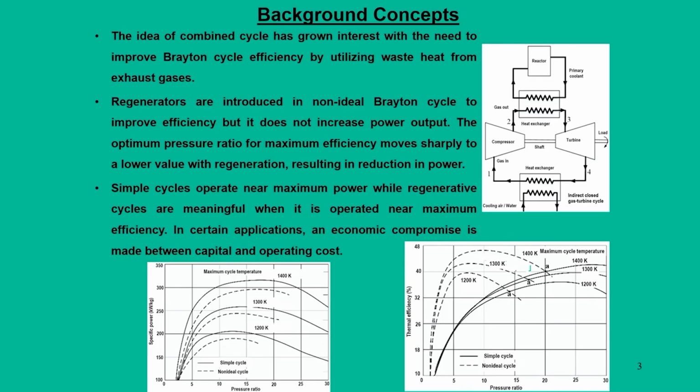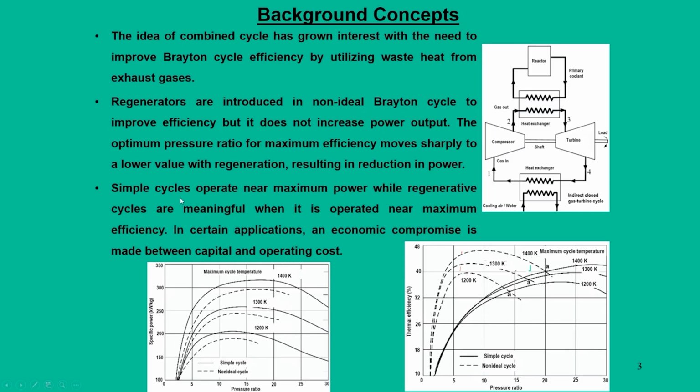If you look at this particular figure, simple cycle and non-ideal cycle, although the optimum pressure ratio shifts towards the left, after the peak efficiency the cycle efficiency drops when you increase the pressure ratio. This is the disadvantage of the regenerator when integrated with a Brayton cycle to operate in a non-ideal mode.